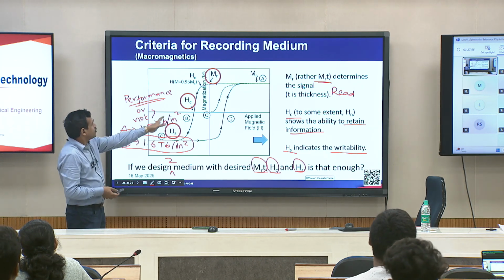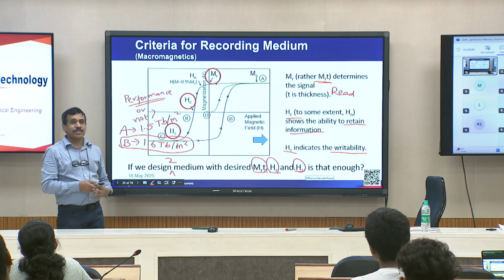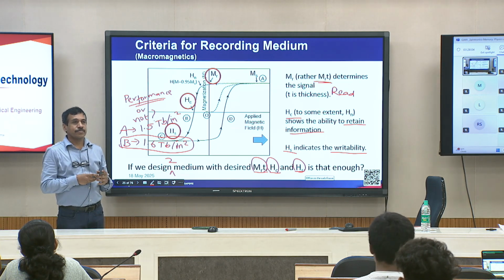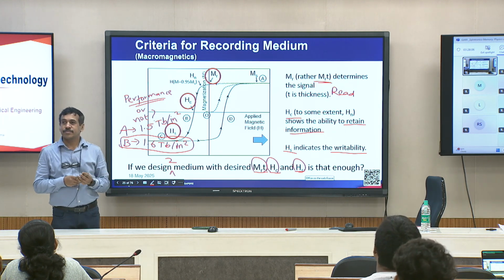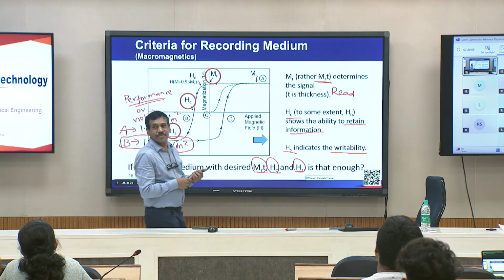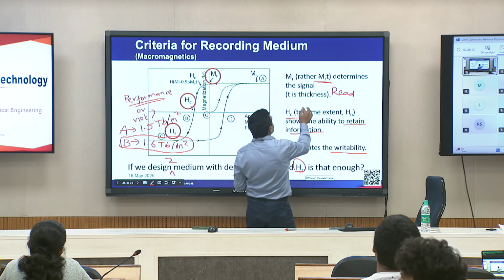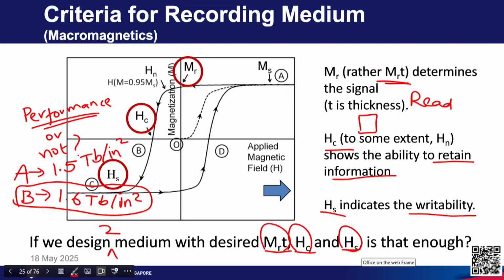When you measure the hysteresis loop, what is the typical size of your sample? A few centimeters, maybe 1 centimeter by 1 centimeter. You take a small piece of sample, do VSM, then measure the hysteresis loop.